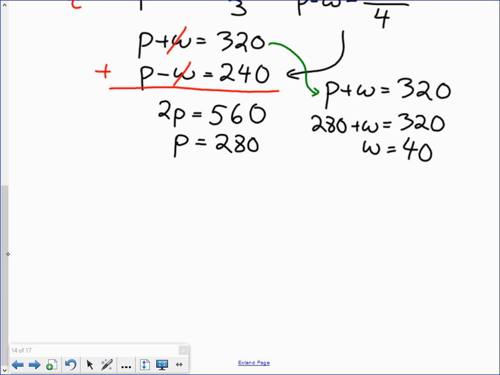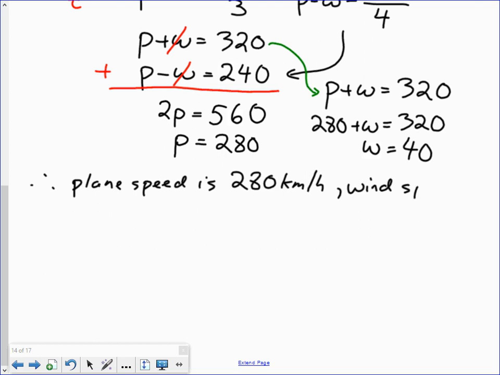So P is my plane speed, which is 280 kilometers per hour. My wind speed, 40 kilometers per hour. And actually, I'll just write it over here, so it's kind of with the words. Okay. So our plane speed and our wind speed.